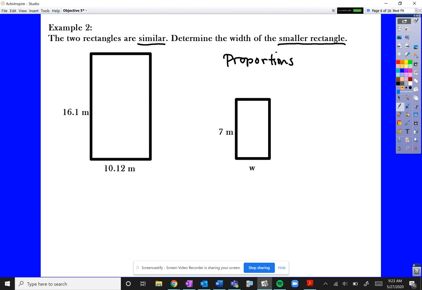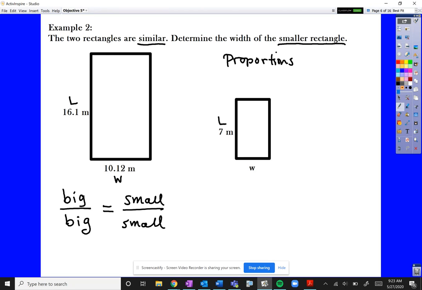Guys, when this says that the 2 rectangles are similar, it means that they have to hold the same proportion of dimensions. So the big length over the big width must be proportional to the small length over the small width. So we're going to call this length and this width, and this is length, and certainly we have width.